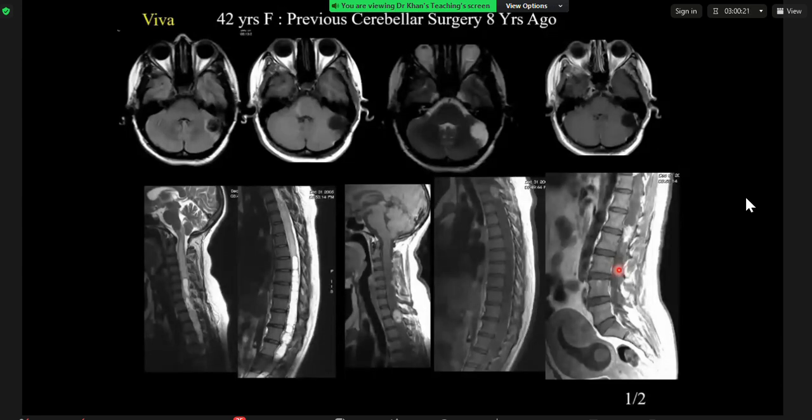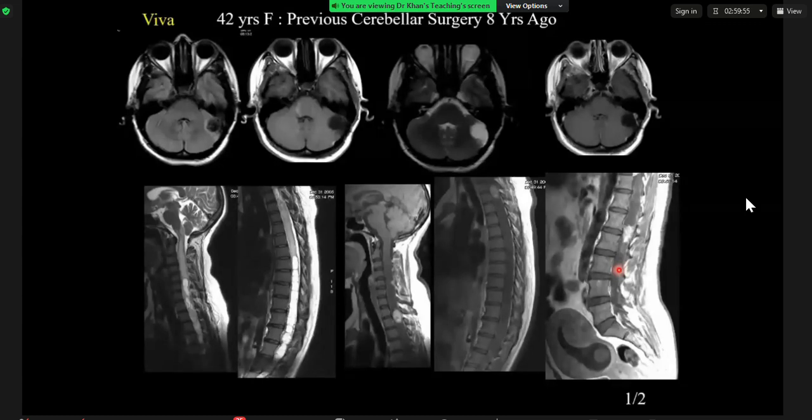On sagittal sequences, there are foci of expanded cord, intramedullary cord lesions, which are T2 hyperintense. They have got kind of shelf-like, low T2 horizontal signal intensity within them, like levels.